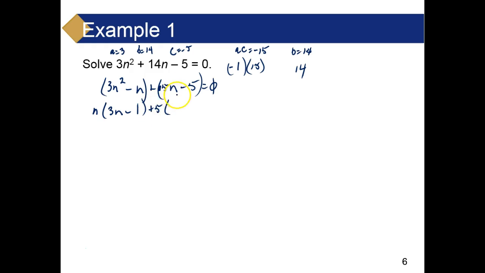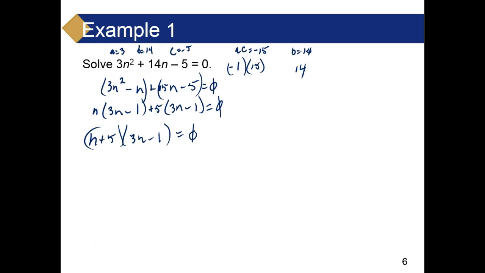And what do we have left? 3n minus 1 equals 0. Now what do we have? A common binomial factor. And we pull out an n plus 5 and a 3n minus 1. Okay? Equals 0. That should be the correct factorization for that.